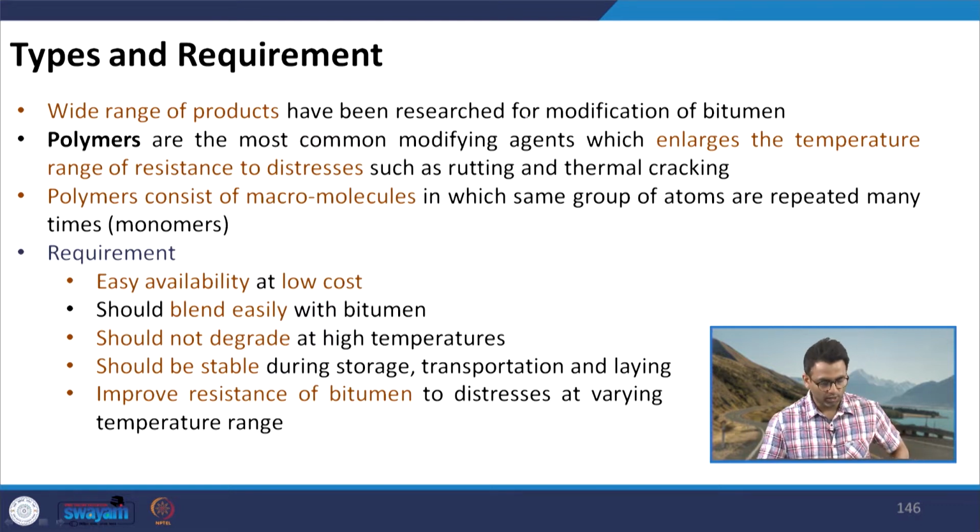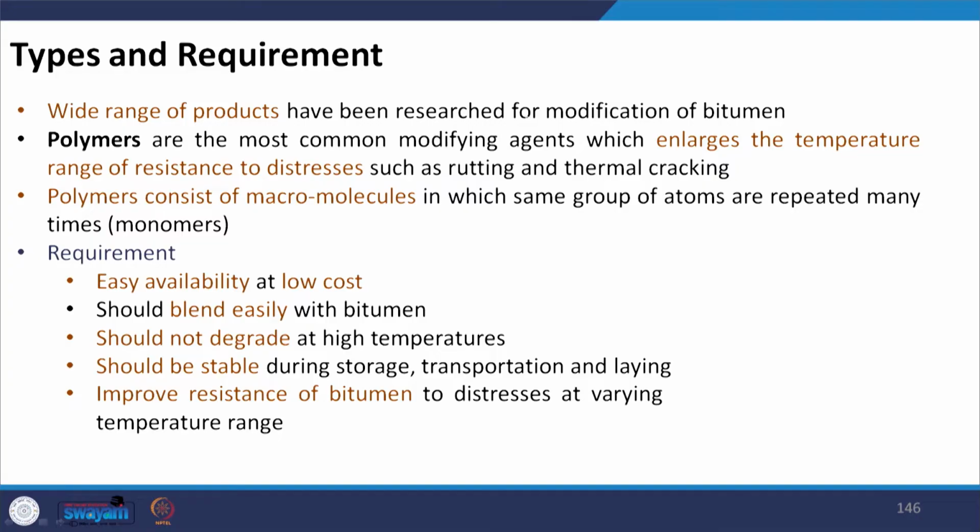The final goal for which we are using the modification is to improve the temperature range where the resistance to deformation can be increased. So, ultimately after modification what we want is a better viscoelastic response from the bitumen in terms of resistance to cracking and resistance to permanent deformation.